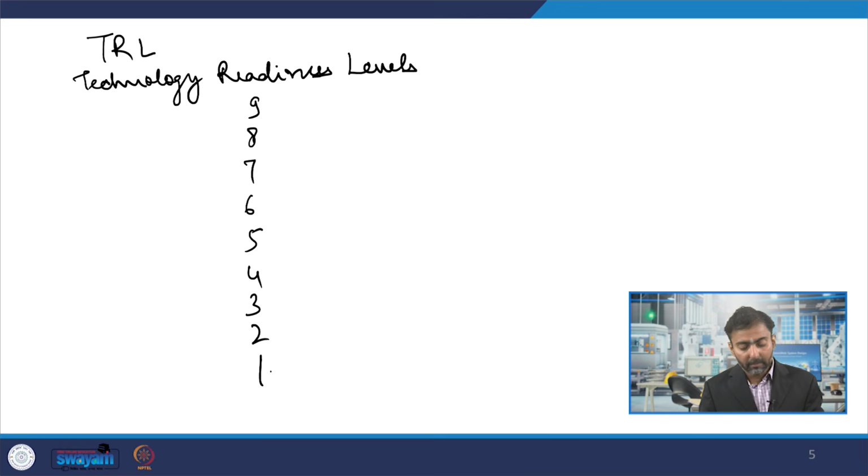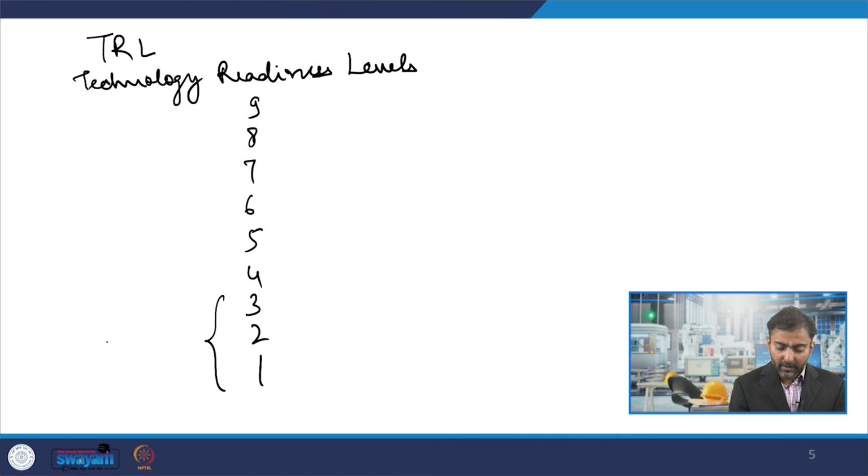Levels 1, 2, 3 are the very initial research. You got an idea that this particular technology can be developed, and you started doing some small experiments to demonstrate the technology. So those are the initial TRL levels 1, 2, 3.